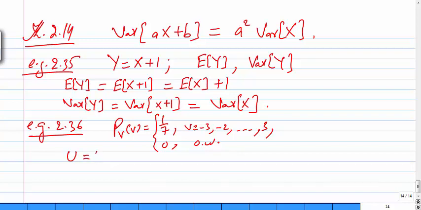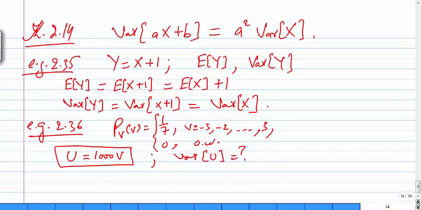Millivolt means that 1 U is equal to 1000 of volts. So this is the function. Now he is asking what is the variance of U. First of all, calculate the expected value of V. As we know, mu of V is equal to the sum over v belonging to S of V of v times P capital V of small v.